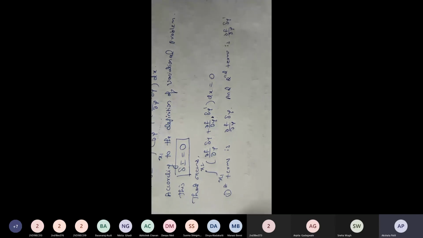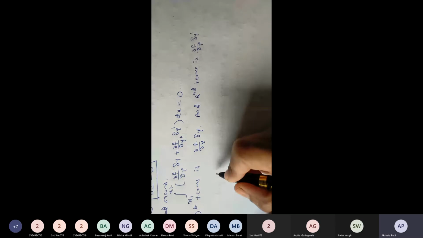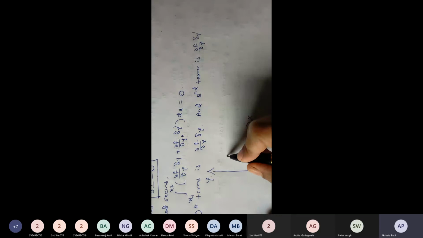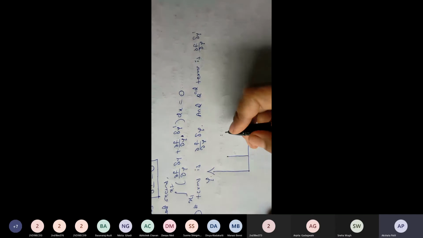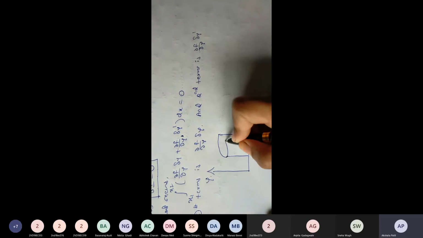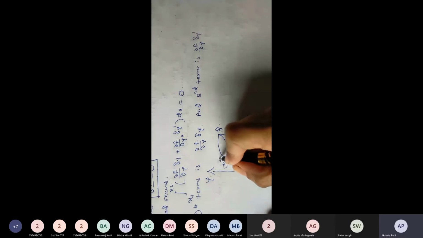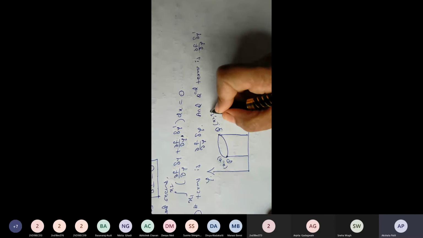Now here I will draw a figure, an xy plane. Here I have considered two parallel lines, and I have marked one curve with the point P as well as the point Q. P is given by x1, y1 and Q is given by x2, y2.